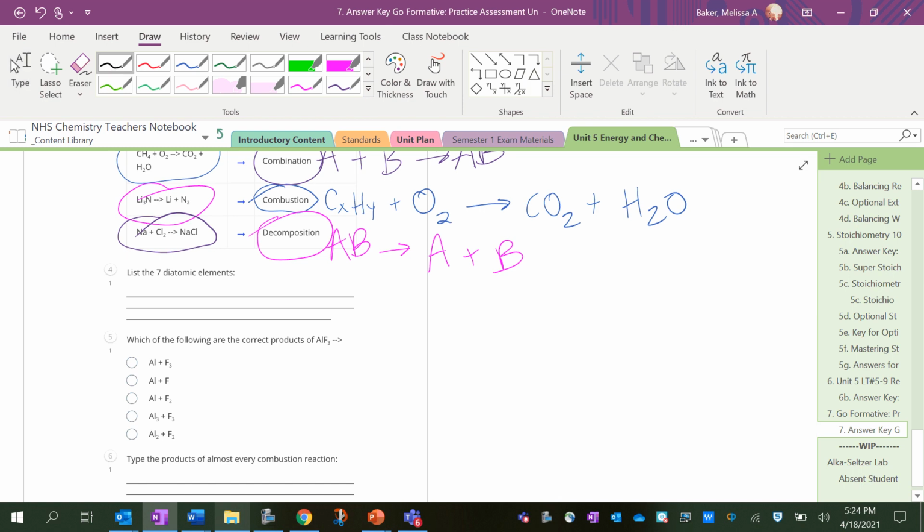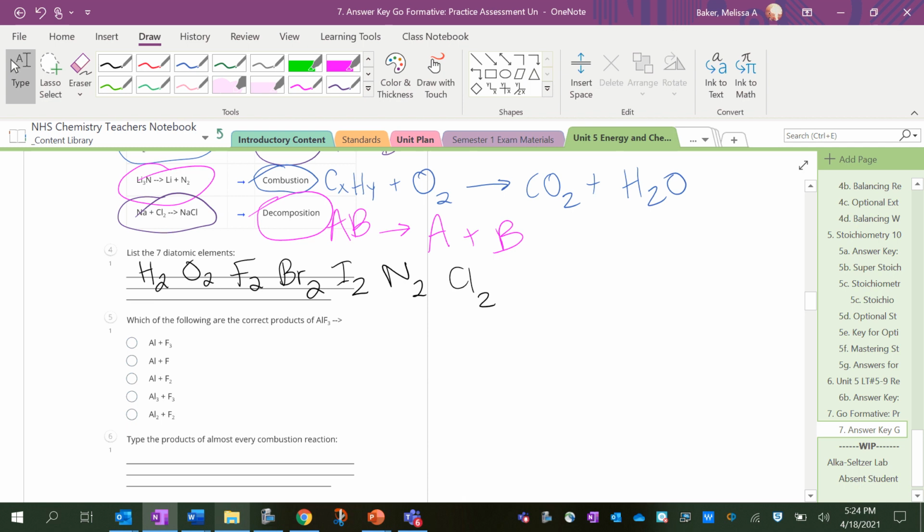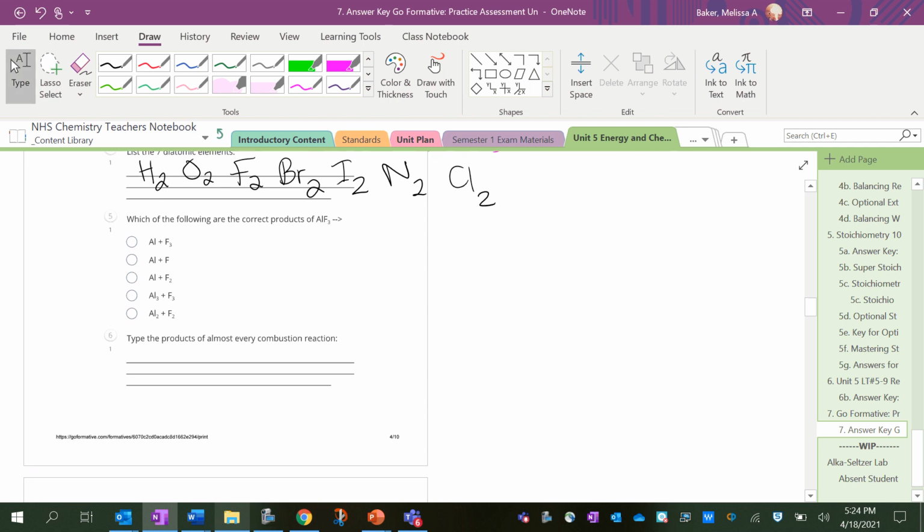List the 7 diatomic elements. So I like to think of Hofbrinkel: hydrogen, oxygen, fluorine, bromine, iodine, nitrogen, chlorine. Which are the correct products of AlF3? So for decomposition, you need to think breakup and then think about Hofbrinkel.